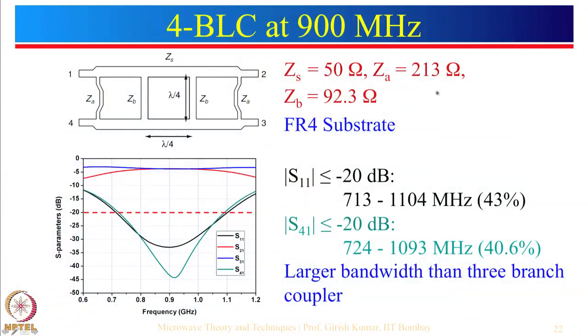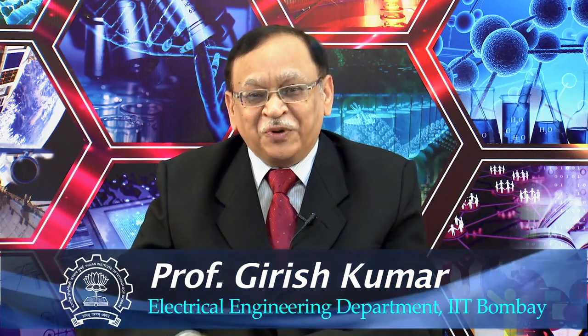Then we saw the 2 branch line coupler, 3 branch line coupler and 4 branch line coupler. We noticed that going from 2 branches to 3 and then to 4, bandwidth increases. However, for the 4 branch line coupler, the impedance is very high, so the line width becomes very small. In the next lecture, we will see how to solve this problem.